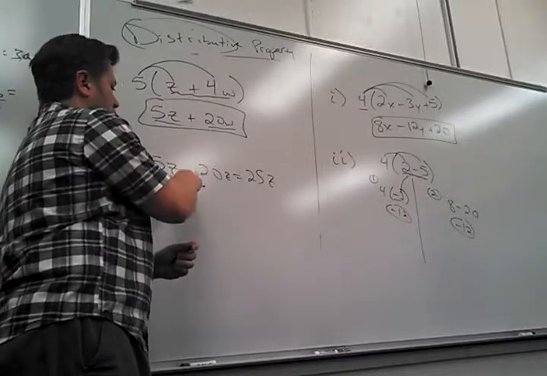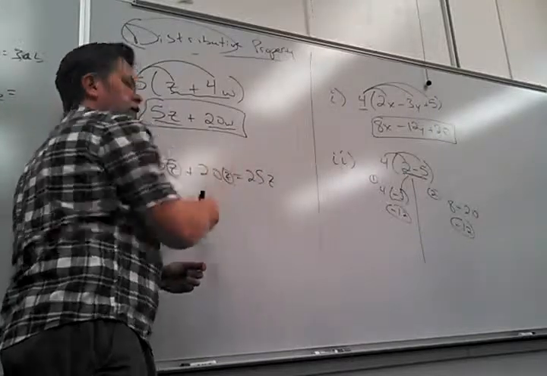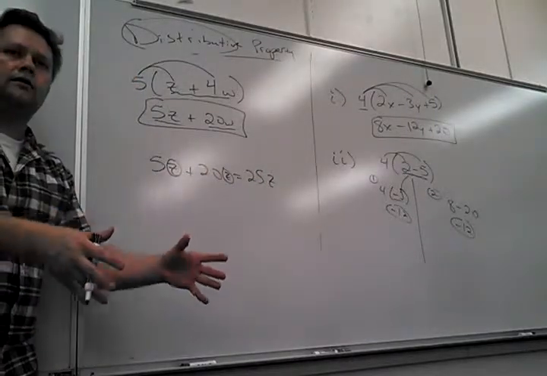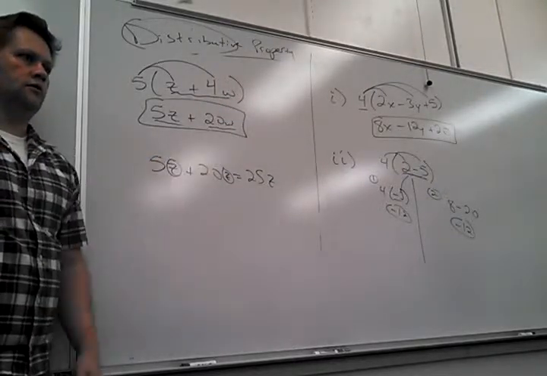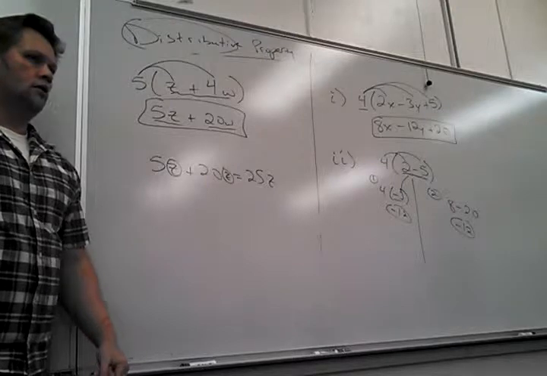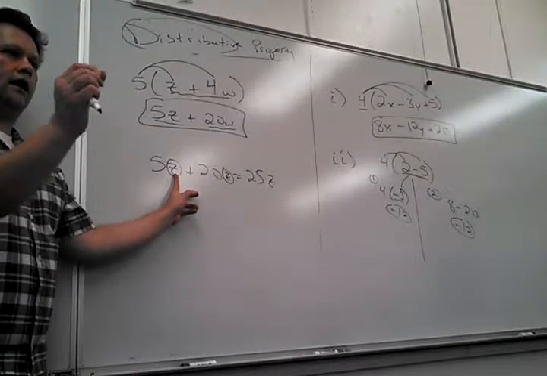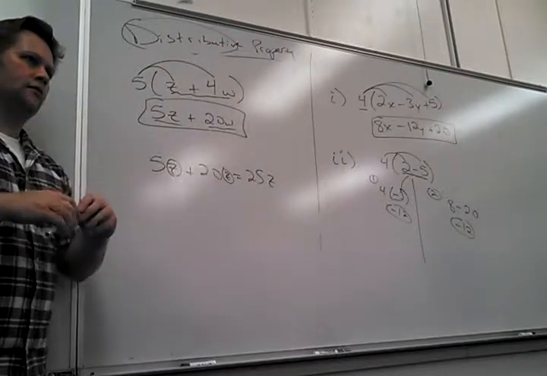So really it's just like 5 chairs plus 20 chairs is 25 chairs. That z is just something I don't know yet. 5 closed boxes, because I don't know what it is, plus another 20 closed boxes, there's 25 closed boxes. I don't know what number that z is. But I can collect them.